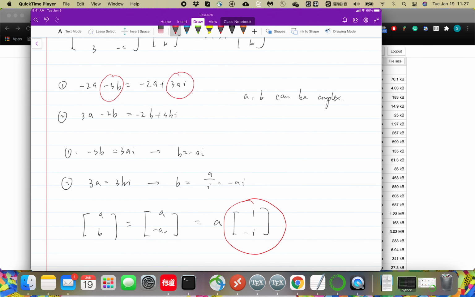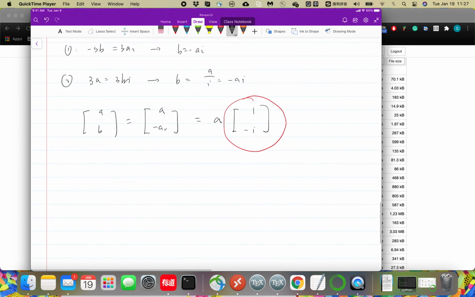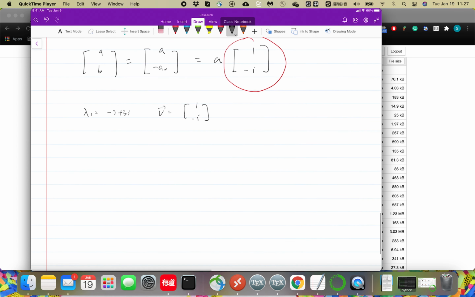Okay, with that thing in mind, now this is what we have. We have an eigenvalue. We also have an eigenvector. Okay, so our solution can still look like this, which is going to be e to the (-2 plus 3i)t times this.